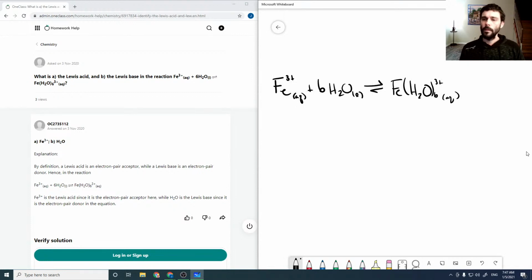Okay, so a Lewis acid. So I'm just going to redraw them. And I'm just going to draw one water molecule. So a Lewis acid is an electron acceptor.